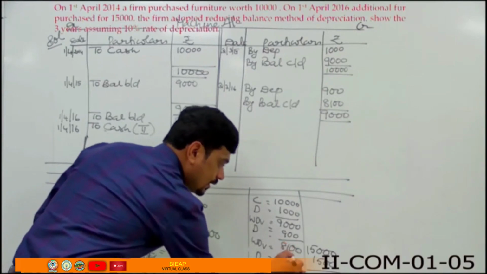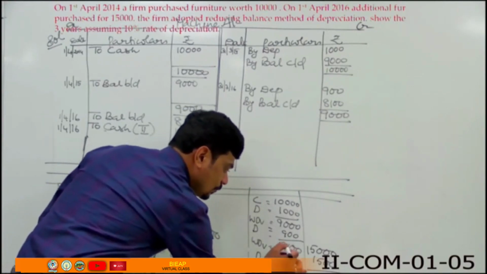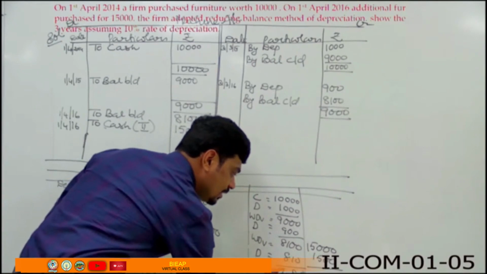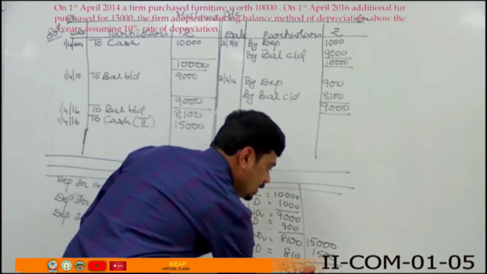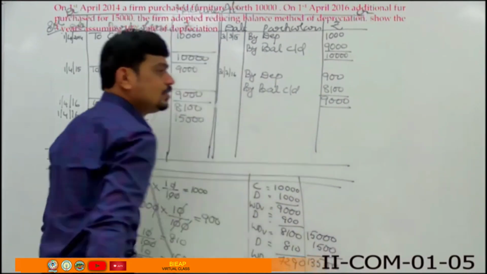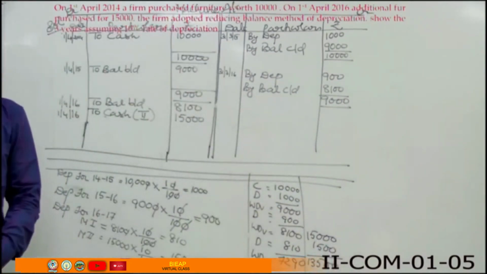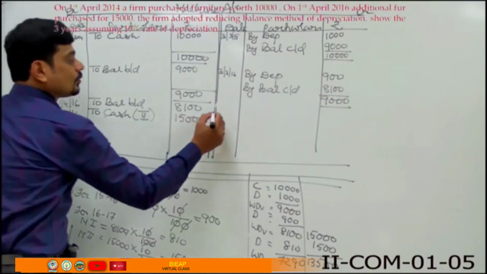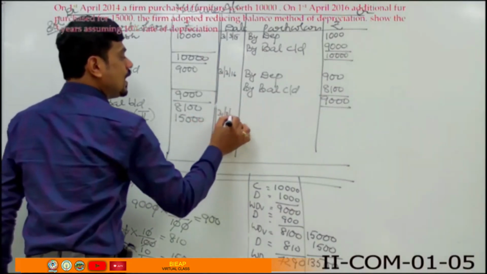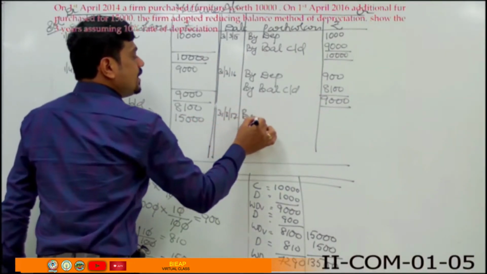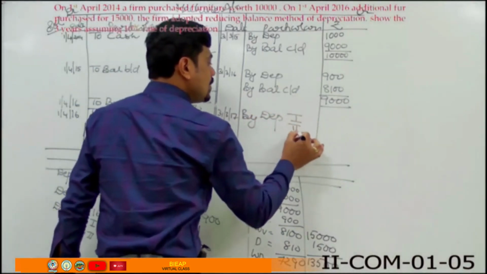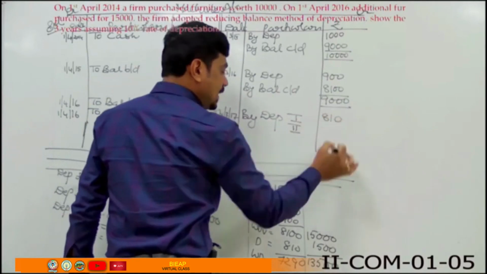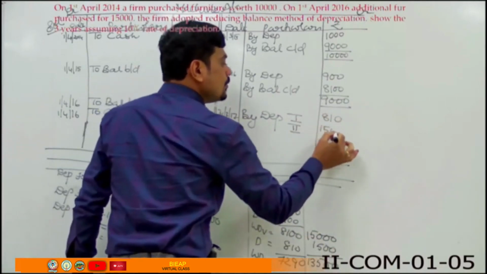0, borrowed 1, 10 minus 1, 9. So 0, 80 minus 8, 72. This is the written down value. And second machine again 13,500. Now we are going to post it. 31st March 2017, by depreciation: machine 1, 810; machine 2, 1,500.